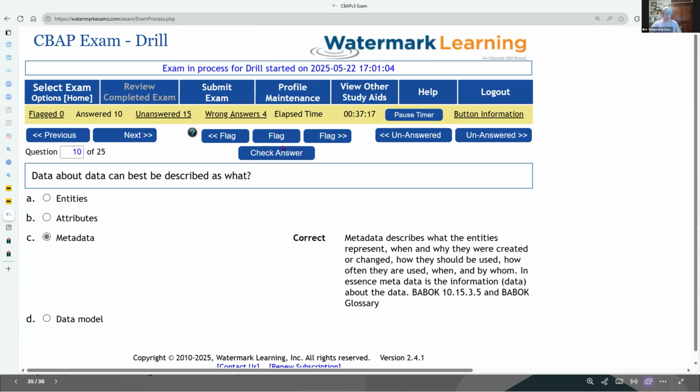Okay, so I'm gonna give you just a tidbit here. Metadata is like this. If I say this field is called the name field, about this field, you can put up to 30 characters. They can be alpha characters, they can be special characters, which means you can have a hyphen in case somebody's name has a hyphen. You can decide if you let them use a number or not. It's what can be put in that field, what cannot be put in that field, what's the definition of that field, how will that field be used.